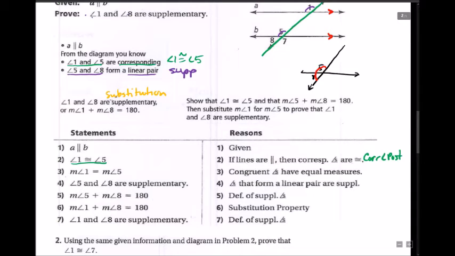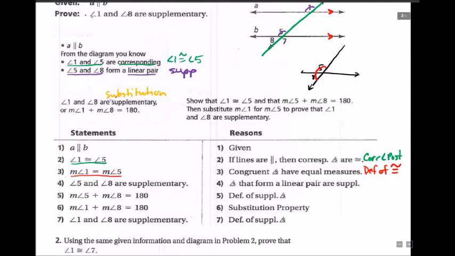And then the measure of angle 1 equals the measure of angle 5. How can we say that? How do we go from congruent to equal measure? That's simply just the definition of congruence. Remember, these two steps frequently go together and they can go either direction. You can go from congruent to equal measure or equal measure to congruent.